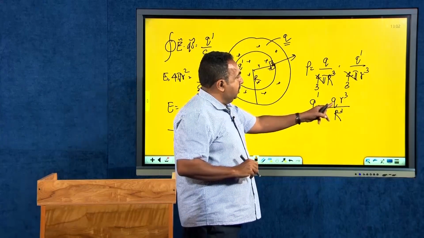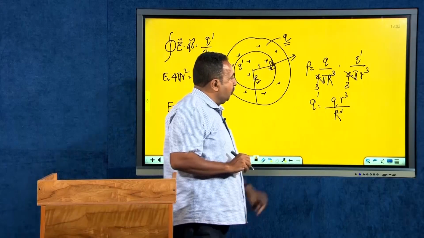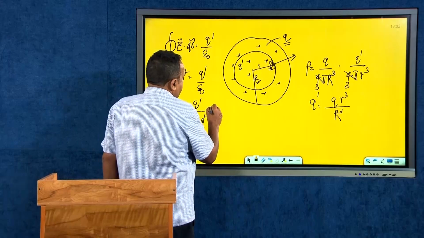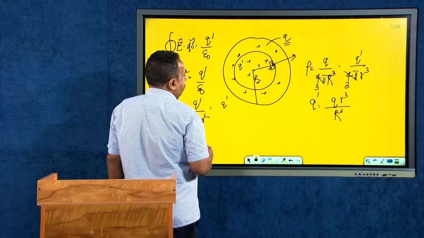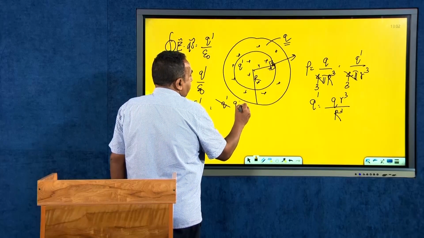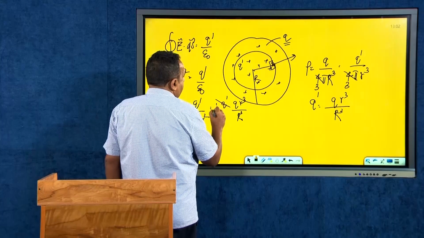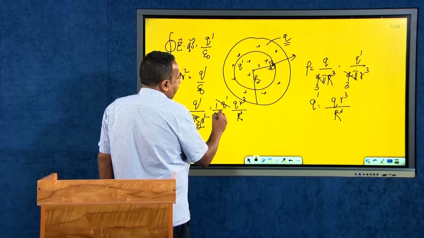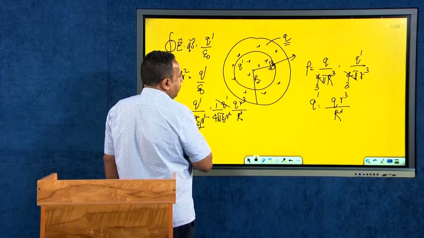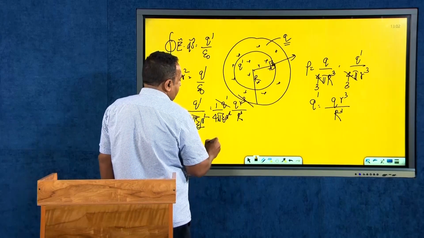Small r is chosen by me, capital R is already known to me, Q is also known to me. Therefore, I can rewrite this expression by replacing q prime with Q r cube divided by R cube, and my old parameters are 1 by 4 pi epsilon 0 r square. Therefore, this r square and this r cube cancel, and one r remains there.